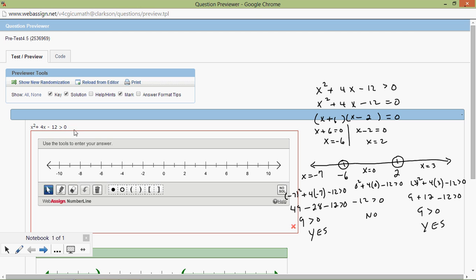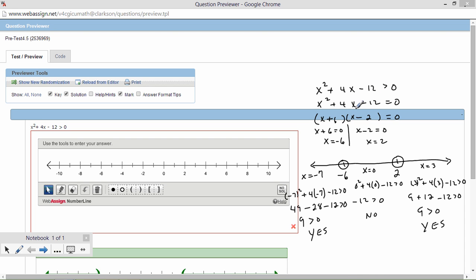So we have an inequality, and what I've done over here is to solve that inequality. You might want to notice the way we've treated this, and if you have a different way of solving inequalities, that's probably fine, as long as you're getting the correct answers. Instead of dealing with the inequality, we changed it to equality.